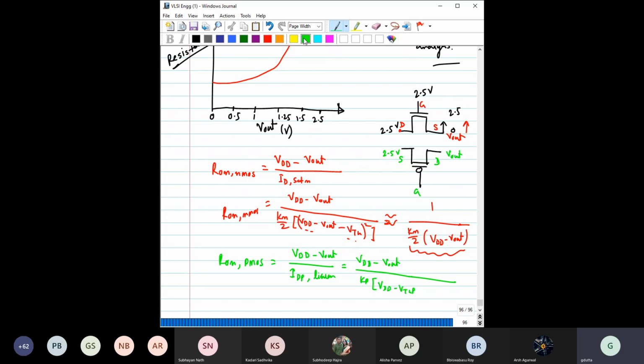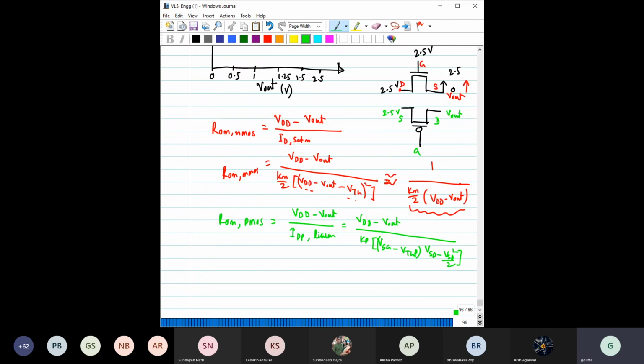Let me write it like VSG minus VTHP into VSD minus VSD squared by 2, right? If you substitute it, you will get something like this with KP, but there might be some errors, so please check it once.